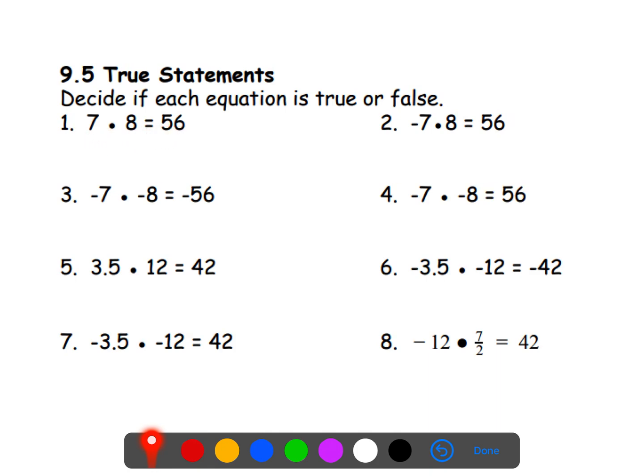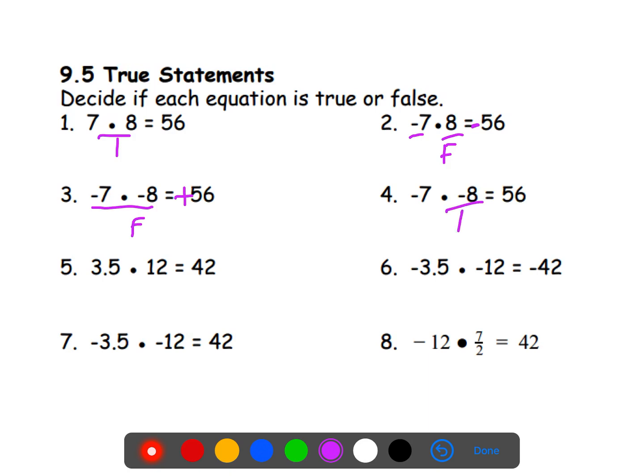So multiplying 2 positive numbers will give us a positive product. That one is true. If we multiply 1 negative by a positive, then we should have a negative 56. That'd be false. But now we learned if we multiply 2 negatives, we should have a positive here. So this one's also false. But they did that correctly for number 4 with the positive here.